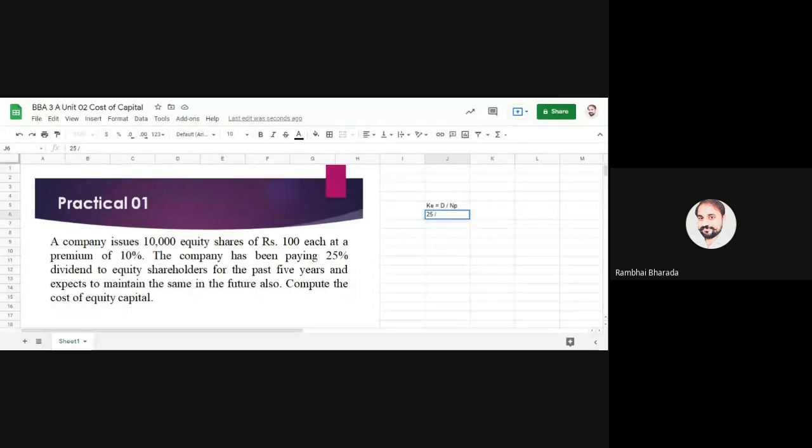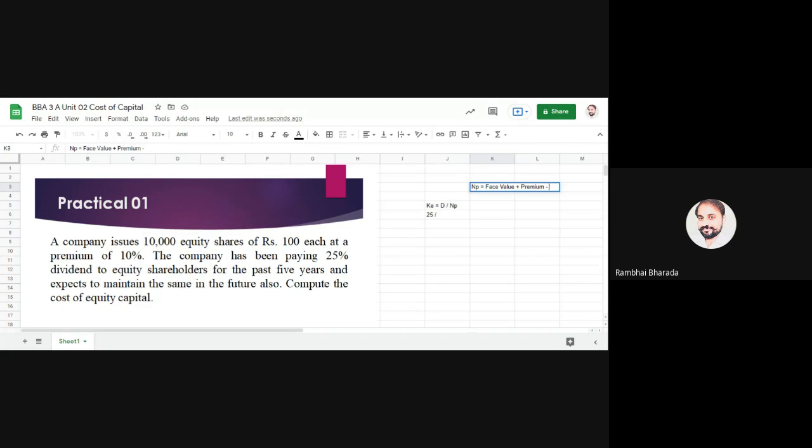Now NP. Write down the formula for NP. NP is equal to face value plus, if we have premium, then plus premium. If we have discount, less discount.